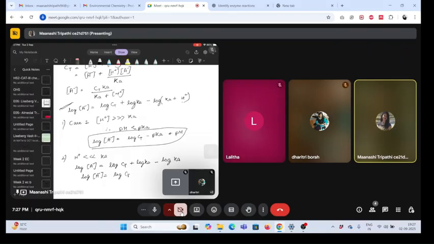So when pH is less than pKa, this equation will go. When pH is greater than pKa, this equation will go.